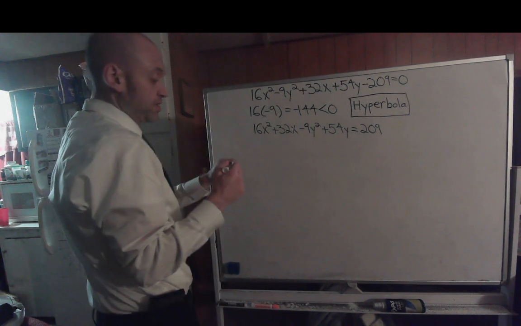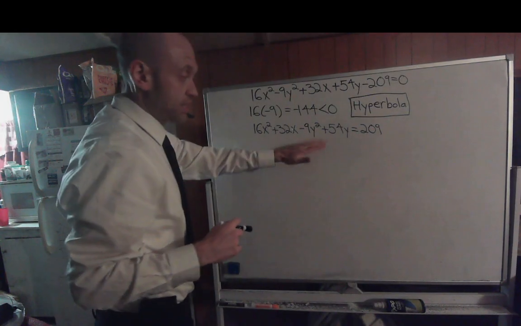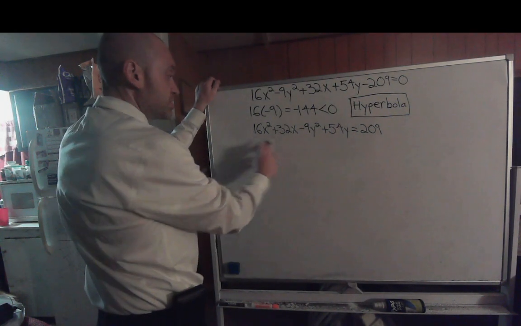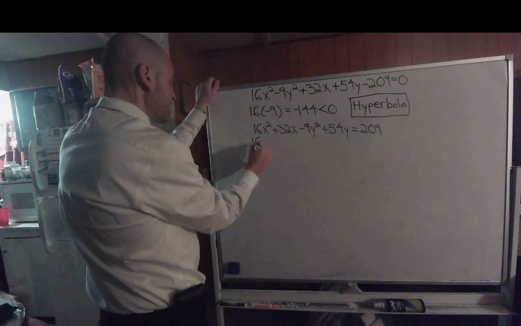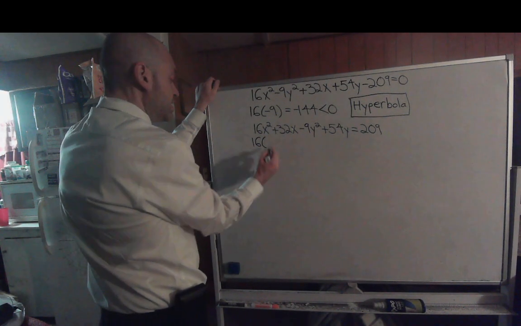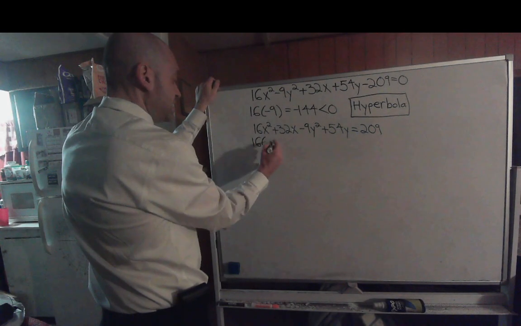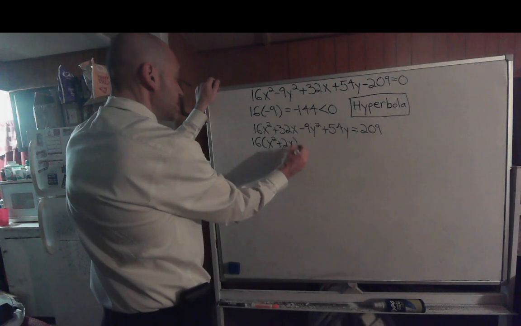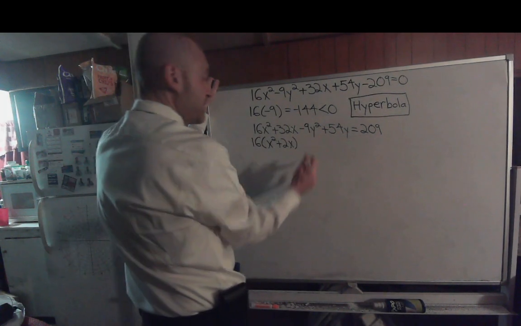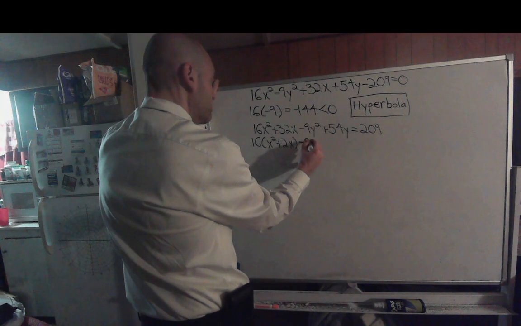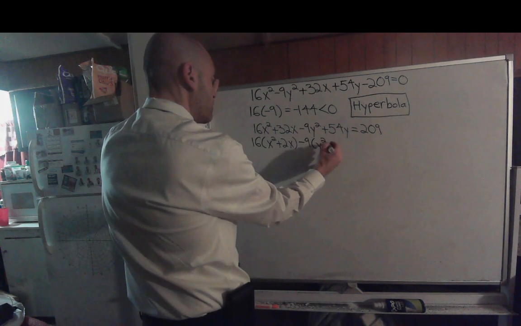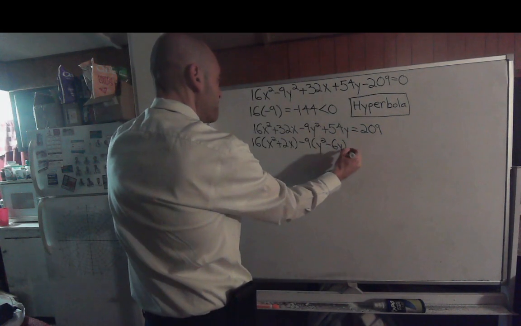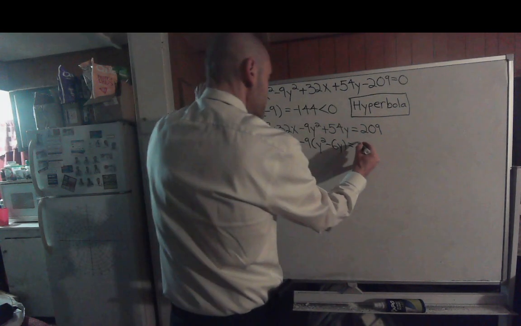Alright, well again, the coefficients on the quadratic terms need to be a positive 1, so from the x's I can factor out a common 16, which would be 16 then times x squared plus 2x. And then with the y's, I can factor out a negative 9, so this would be minus 9 times y squared minus 6y. All that equals 209.